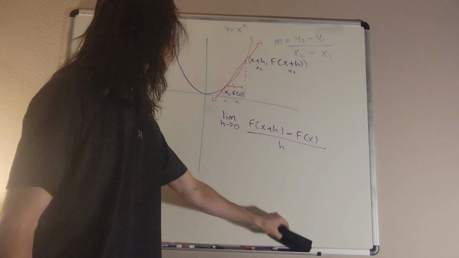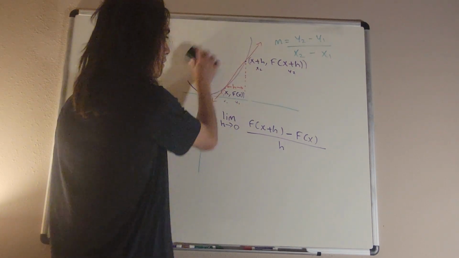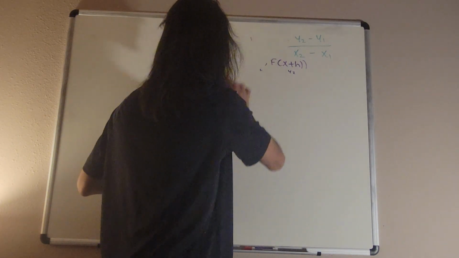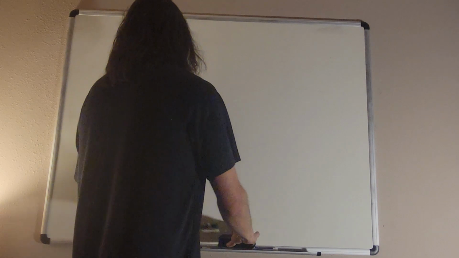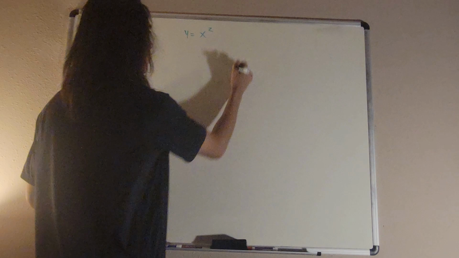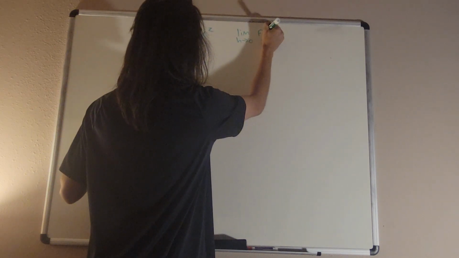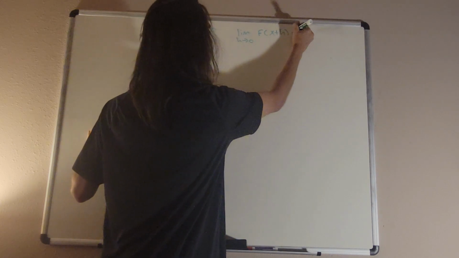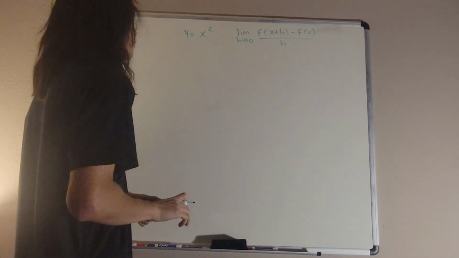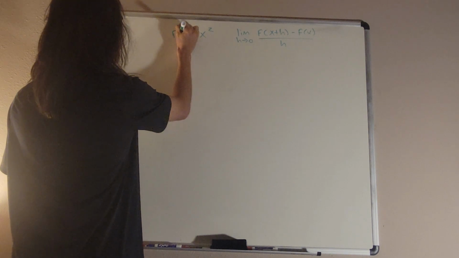So if we want to actually apply this, I'm going to show you an application, and we're going to use it on the function we just used. We're going to find the derivative of that function. So here's our function, y equals x squared, and here's our limit definition, the limit as h approaches 0 of f of x plus h minus f of x over h. So I'm going to rewrite this, and we're going to call this f of x.